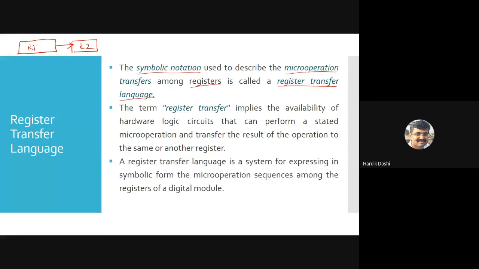Register transfer language is a system for expressing in symbolic form the micro operation sequences among the registers of a digital module. Yes, it is obviously a digital module, because registers are always digital circuits.